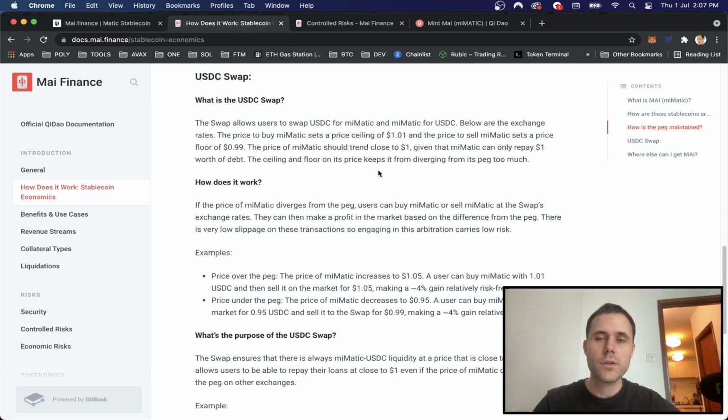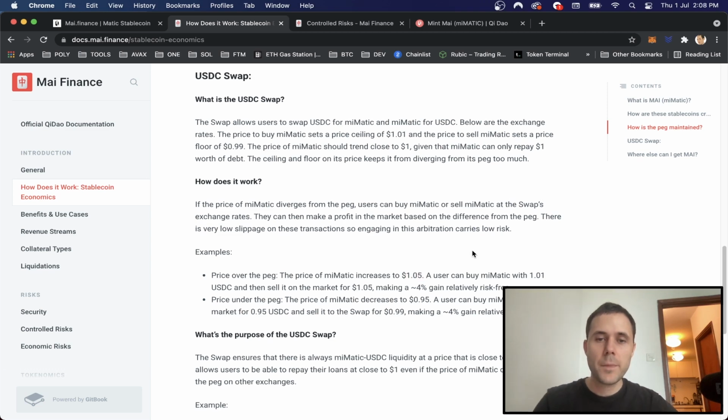So this means if the token price goes over, let's say 1.05, we've got an example here, then you can buy the Matic for 1.01 and then sell it on the market for 1.05, making a 4% risk-free gain.